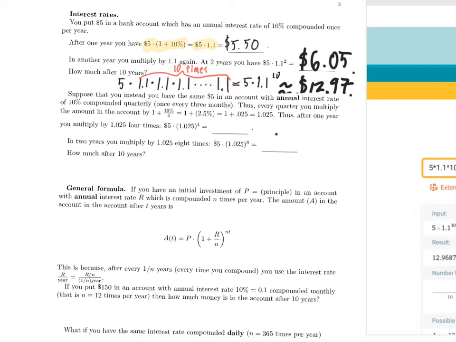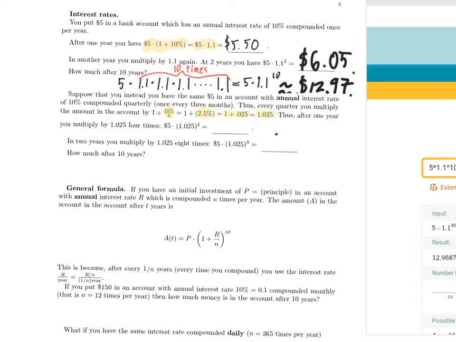That means every quarter it will act as if your interest should be 10% divided by 4, also known as 2.5%. So every quarter you'll multiply the amount of money in the account by 1 plus 2.5%, also known as 1 plus 0.025, or 1.025.